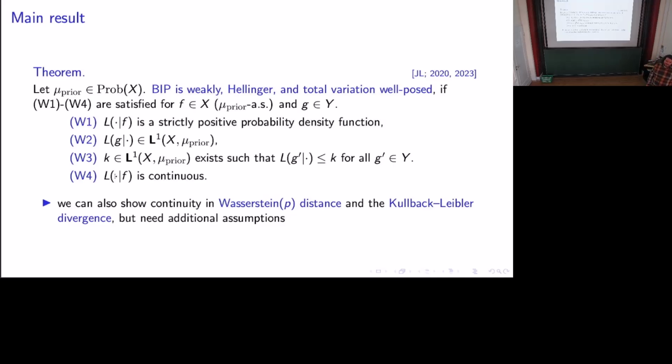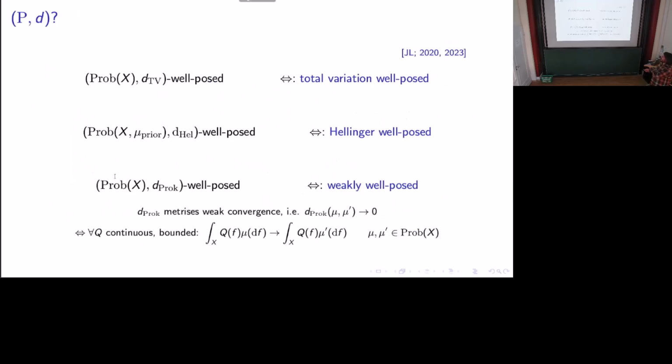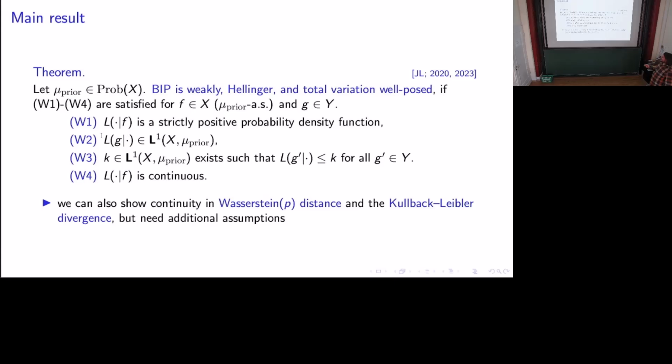We usually have these as well. I have a slide with comments on all of these, so maybe I won't show that now. If these four are satisfied, then we get well-posedness in all of these metrics I showed you on the previous slide. Total variation and Hellinger are actually fully equivalent, so that wouldn't make a difference, but that is quite strong.